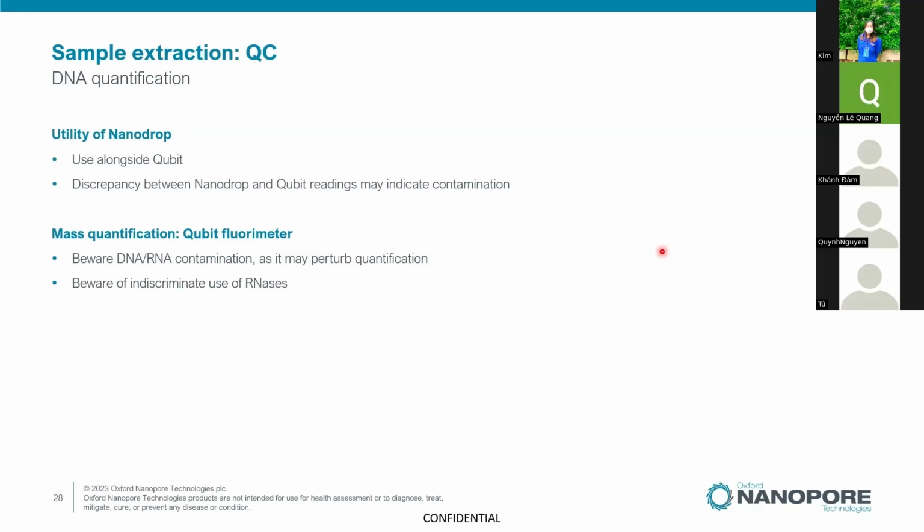So if you observe a very significant difference between NanoDrop and Qubit readings, this could be a red flag for you to investigate whether your sample contains impurities that may affect the downstream process.